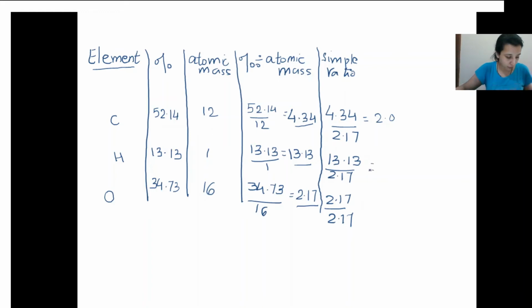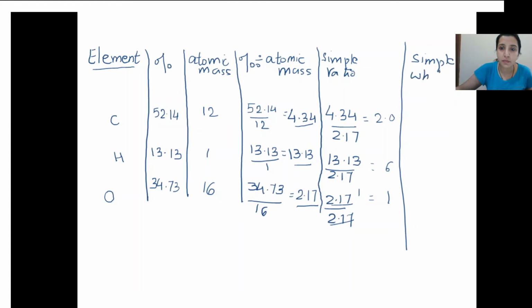If 13.13 is divided by 2.17, it comes out to be 6.05. That means it's 6. And we all know 2.17 divided by 2.17 is 1. So what is the simplest whole number ratio?